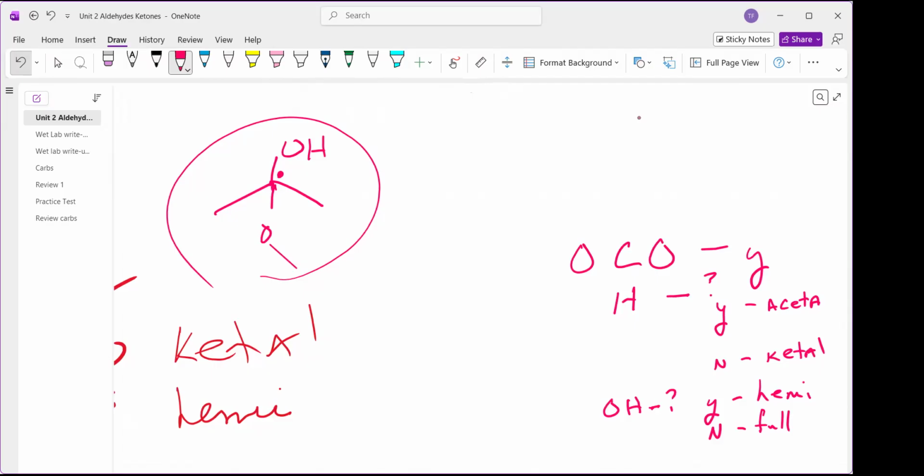One of the ketals or one of the acetals. Okay, is there an H present on that anomeric carbon? No. So that means it's some kind of a ketal then. Is there an OH? Yes, that means it's a hemiketal.